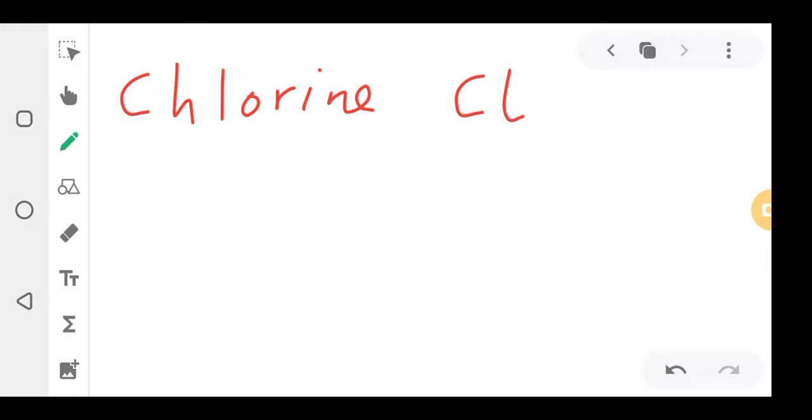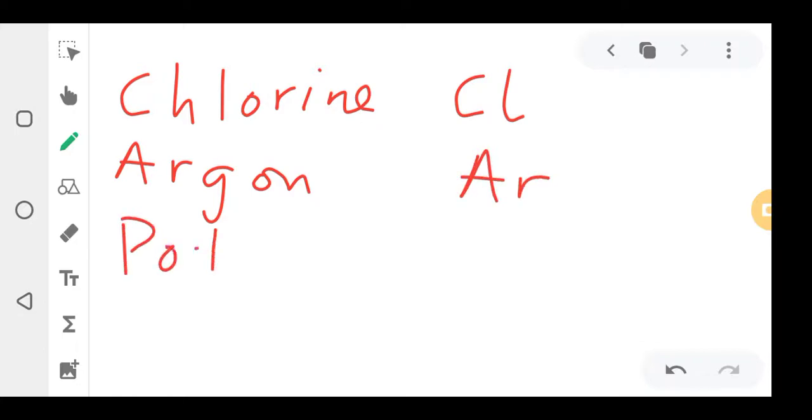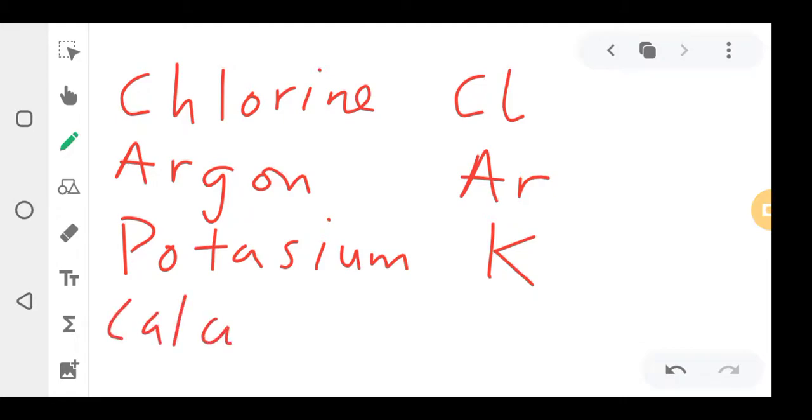After chlorine, we've got argon, Ar. After argon, I've got potassium, K. You see, that's the symbol. It's not P, K is the symbol. And then calcium, it is Ca. So these are some of the symbols for different elements.